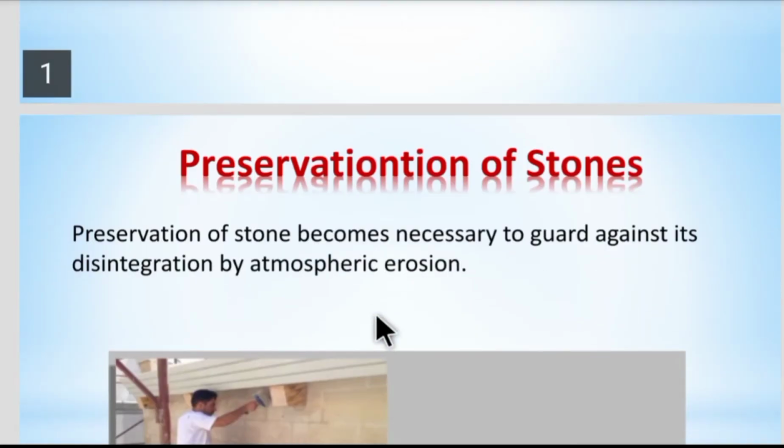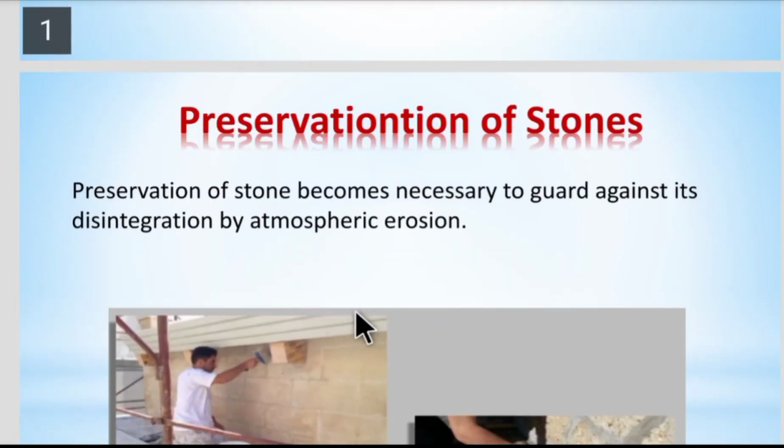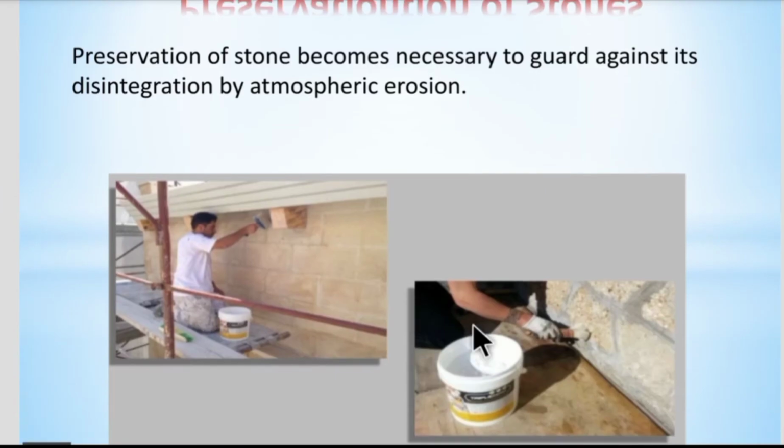As you know, the stone is always exposed to the atmosphere. Due to natural agencies like rain, wind and temperature, the stone will get deteriorated. To prevent this deterioration, we apply some preservatives on the stone surface.